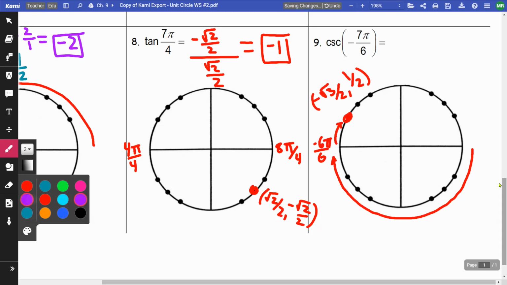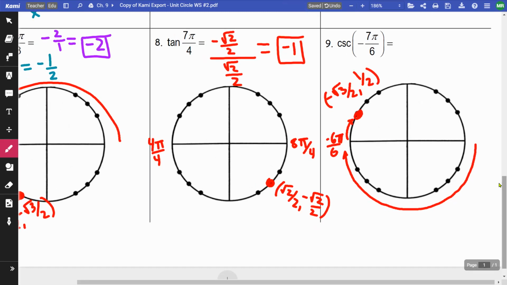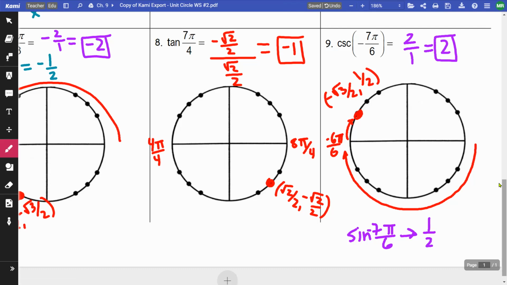Now, I want the cosecant. So let me jot this down at the bottom. C doesn't go with C. So I really want sine of -7 pi 6 is what I'm going to look at. My sine is 1/2. So that means my cosecant is the reciprocal of that, 2/1 or 2.